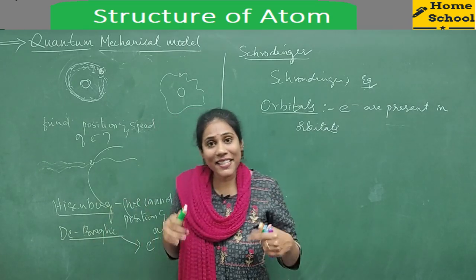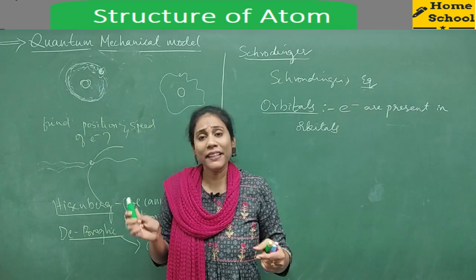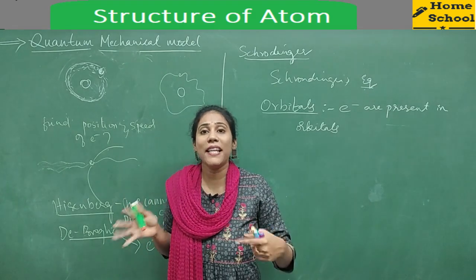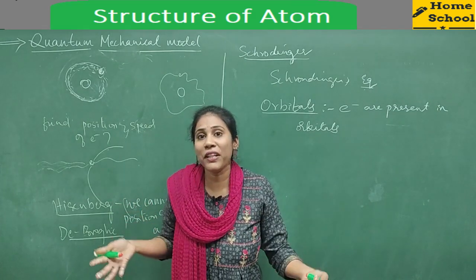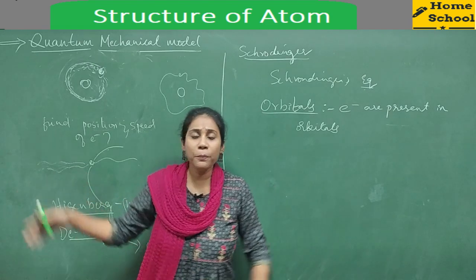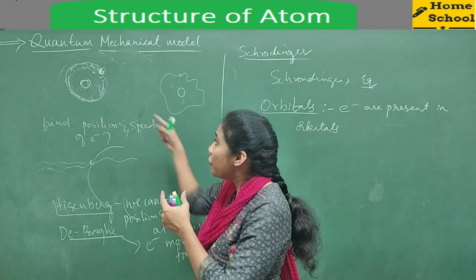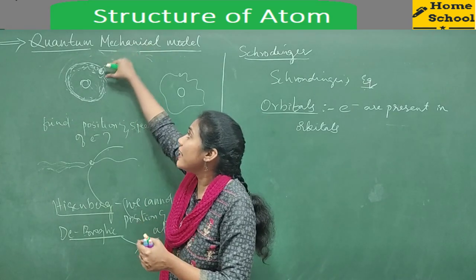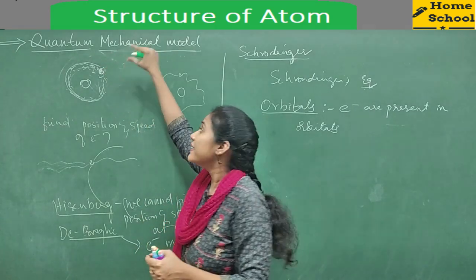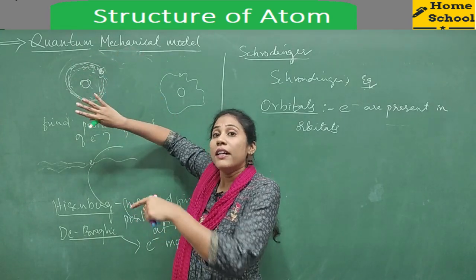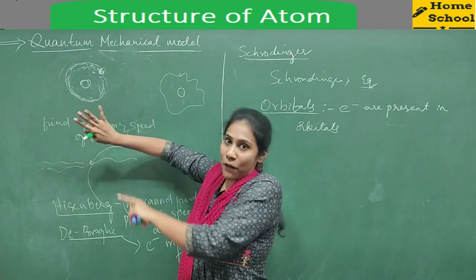See, I can stay anywhere in this room, but in which place do you find me maximum? In which place do you find me most of the time? This is the place wherever the board is. Similarly, if you want to find a particular electron's location, there are certain regions where that electron keeps rotating maximum of the time.